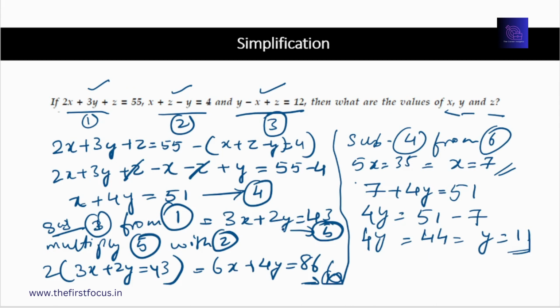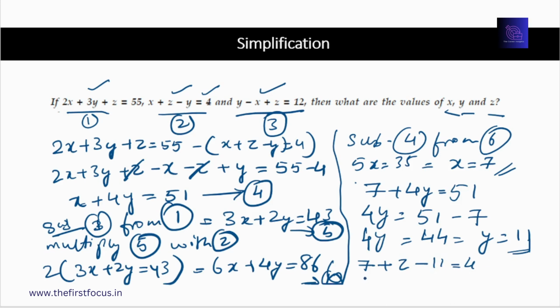So next step is, we have to find z. I have the value of y and x. So now I'm going to put the value of x and y in equation 2. That is 7 plus z minus 11 is equal to 4.